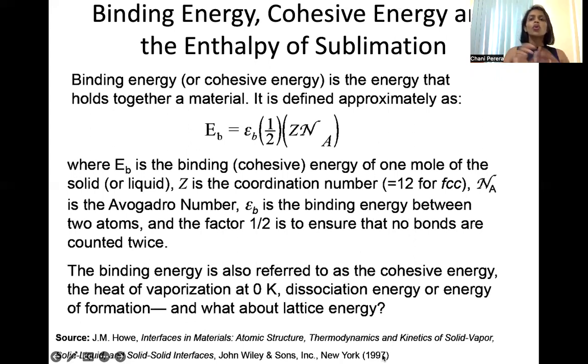Okay, so here we are going to talk about the binding energy, cohesive energy, and the enthalpy of sublimation. The enthalpy of sublimation means you take 1 mole of solid and provide some heat so that this 1 mole of solid is evaporated.